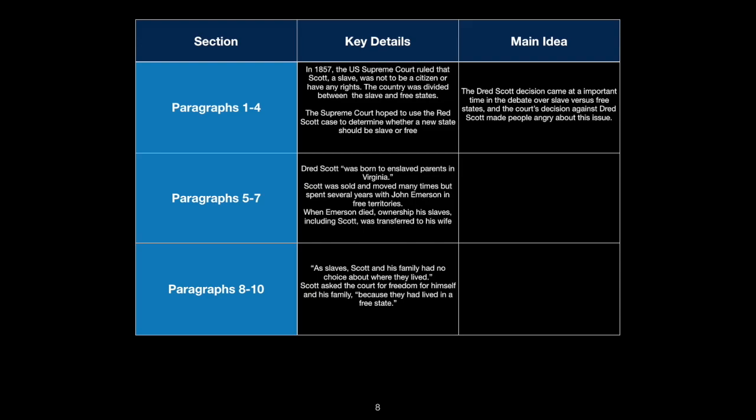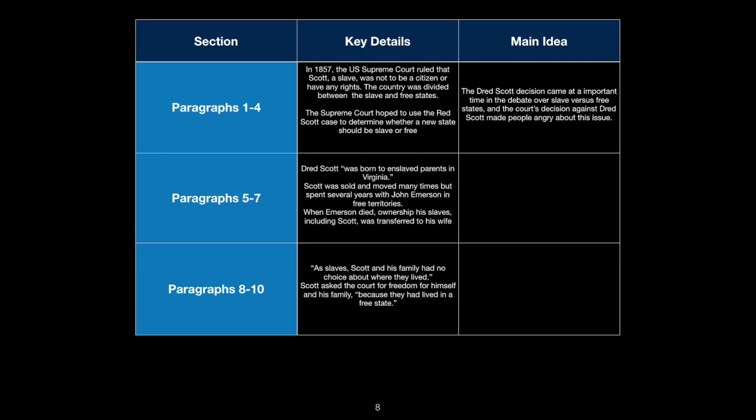The Supreme Court hoped to use the Dred Scott case to determine whether a new state should be slave or free. So what is the main idea of paragraphs 1 through 4? Well, basically, the Dred Scott decision came at an important time in the debate over slave versus free states. And the court's decision against Dred Scott made people angry about this issue.